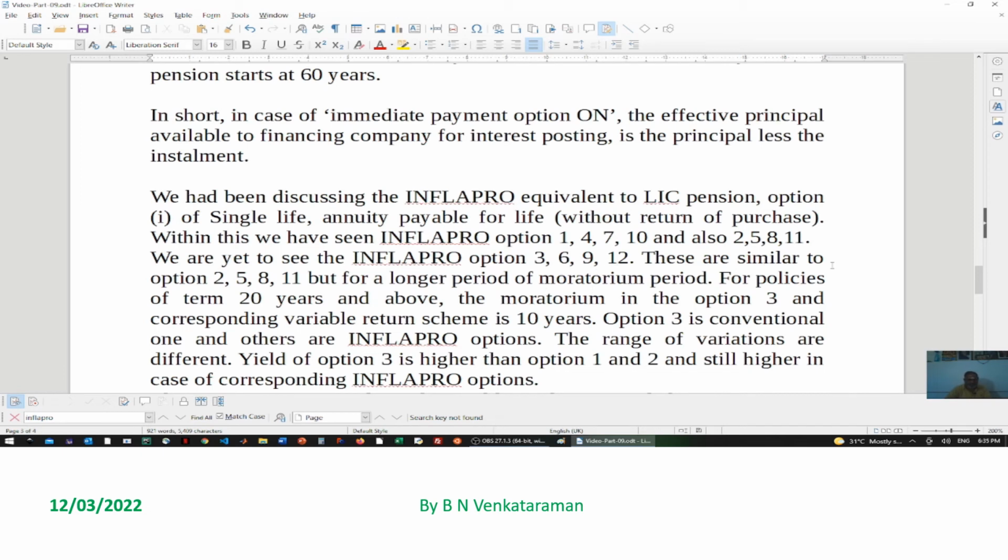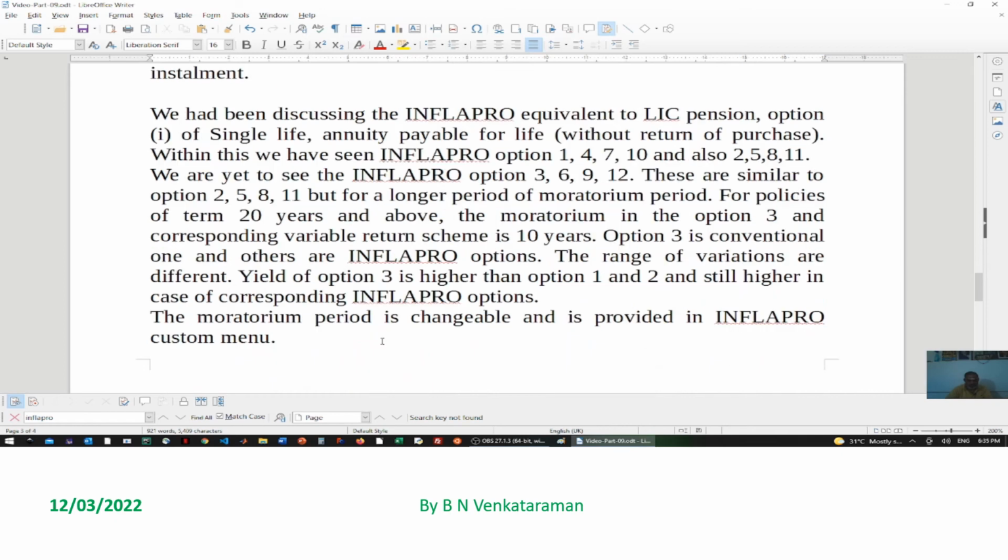These are similar to options 2, 5, 8, 11 but for a longer period of moratorium. For policies of term 20 years and above, the moratorium in this option 3 and the corresponding variable return scheme is 10 years. Option 3 is the conventional one and others are INFLAPRO options. The range of variations is different.